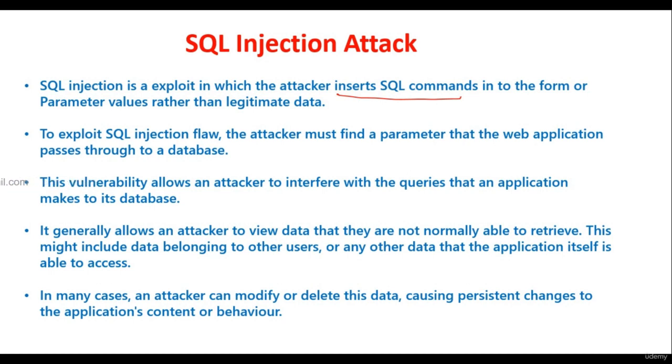It generally allows an attacker to view data that they are not normally able to retrieve, which he is not authorized to access. This might include data belonging to other users or other data that the application itself is able to access. In many cases, attackers can modify or delete this data, causing persistent changes to the application content or behavior.